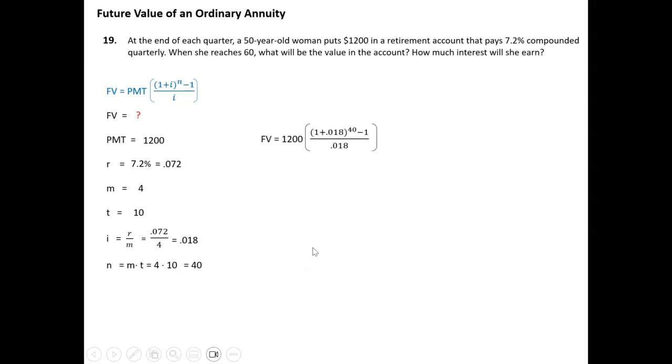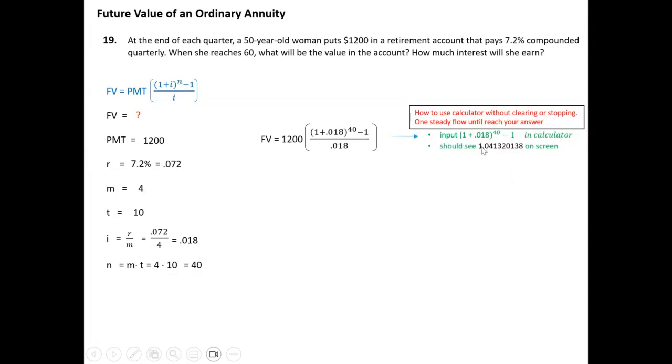Let's plug everything in there. Right? So here I'm going to show you how to use the calculator in one go, without stopping. So first you're going to input the numerator, which is 1, parentheses, 1 plus 0.018, close parentheses, to the 40th power, minus 1. And what's in black is what you should see on the screen. Then you're going to hit the division key, right? Because you're going to be dividing.